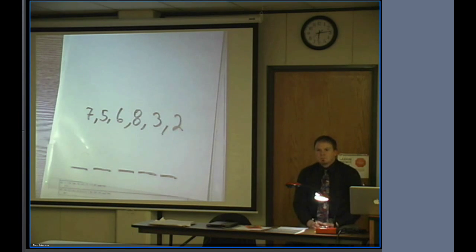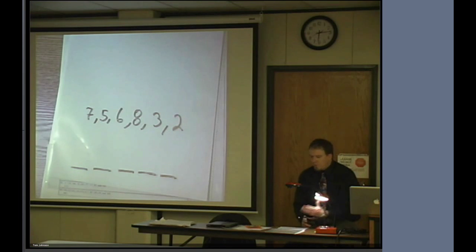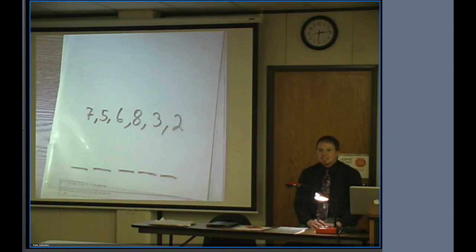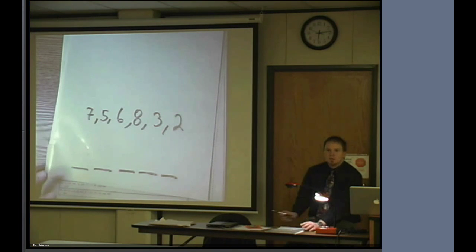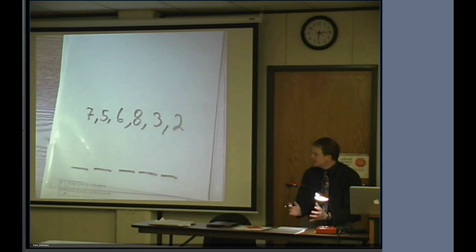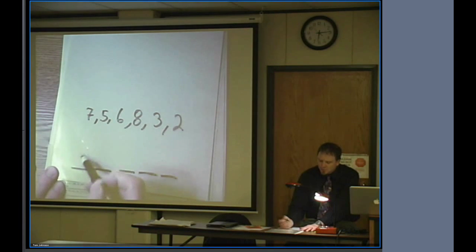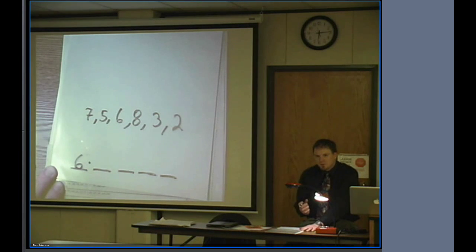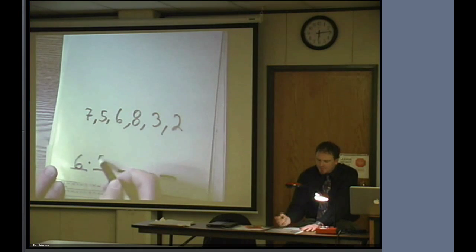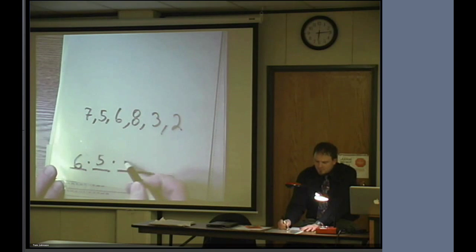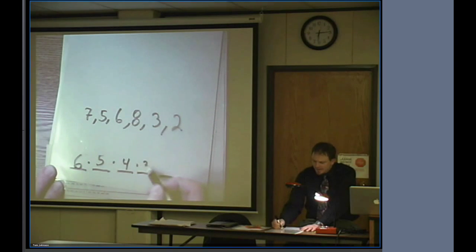So to figure this problem, it's going to be the exact same process. We're going to say, in this first spot, how many choices do I have for that out of these numbers? So we've got 6 choices. In the next spot, we've taken one of those choices out, so now we're down to 5. In the next spot, 4, and so on, down to 2.